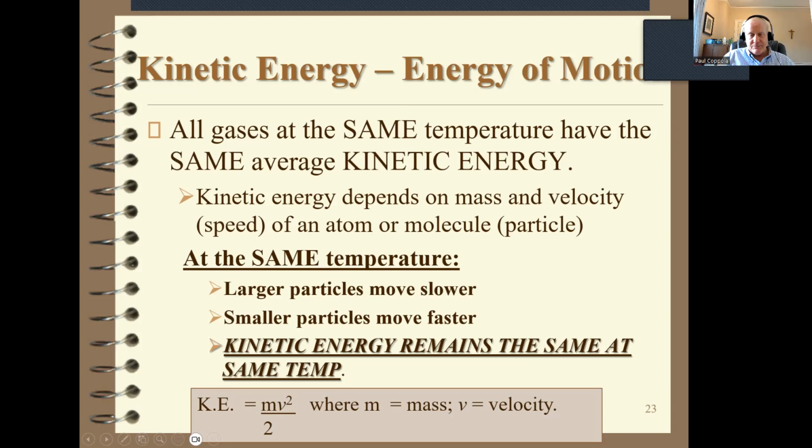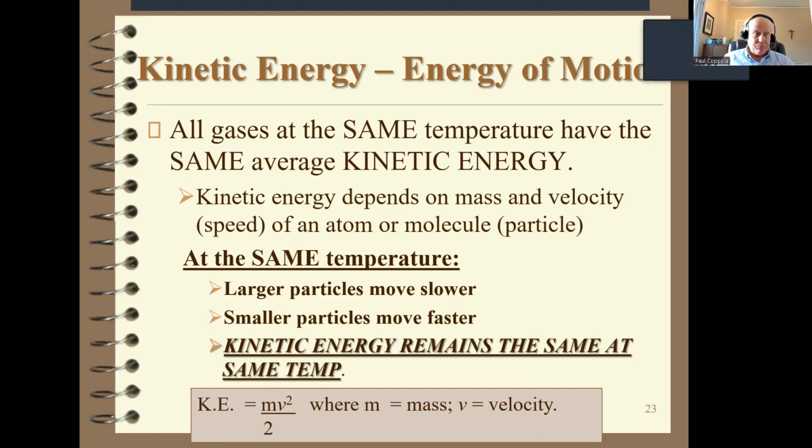You don't need to know this equation, but if you wanted to calculate kinetic energy, it's mass times the velocity squared divided by 2. But it depends on mass and velocity, okay? And you should also remember larger particles move slower. That should make sense. Smaller particles move faster. So if I gave you an example of two molecules, you just calculate the molar mass.